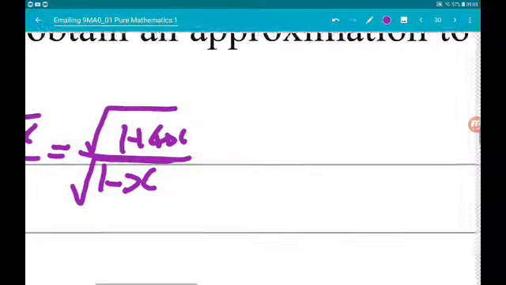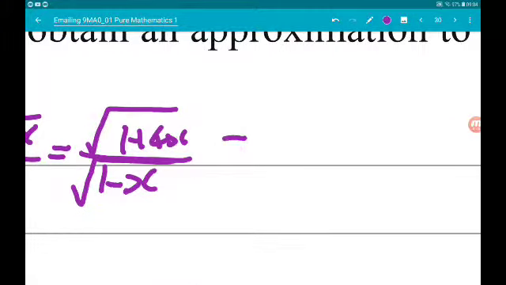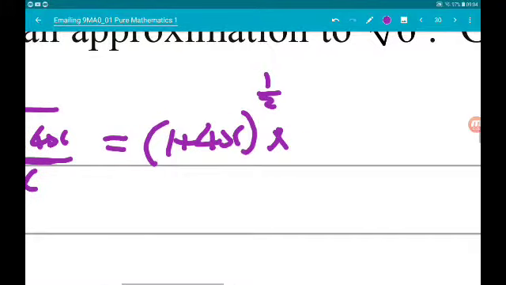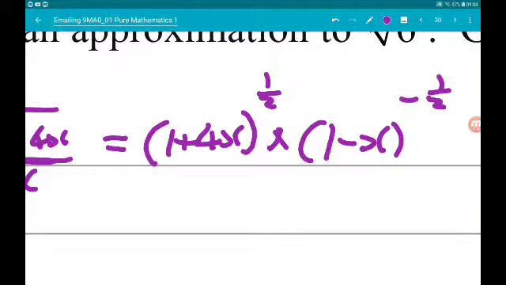Now in power form, we've got 1 add 4x to the power of a half times 1 minus x to the power of minus 1 half.